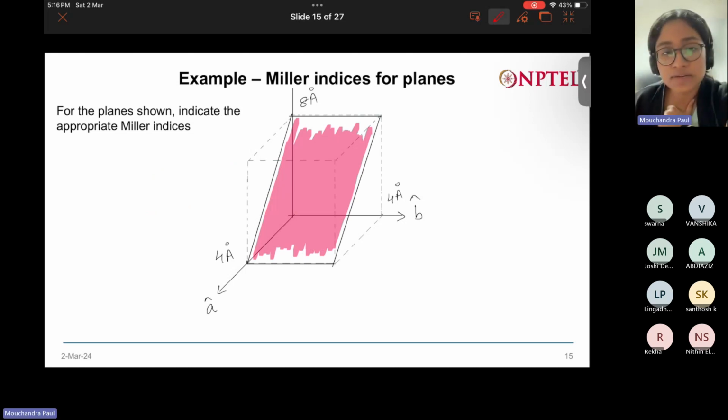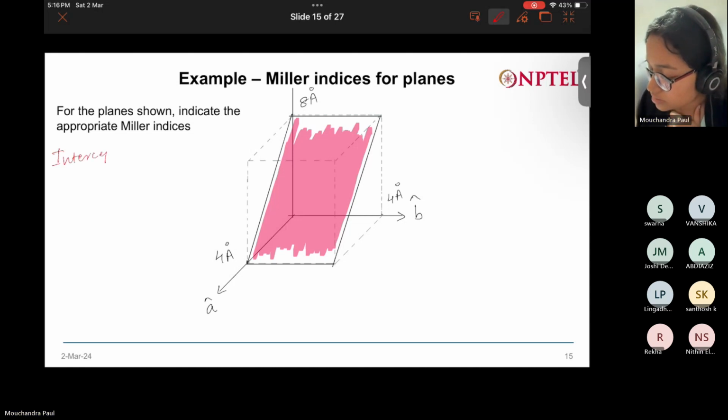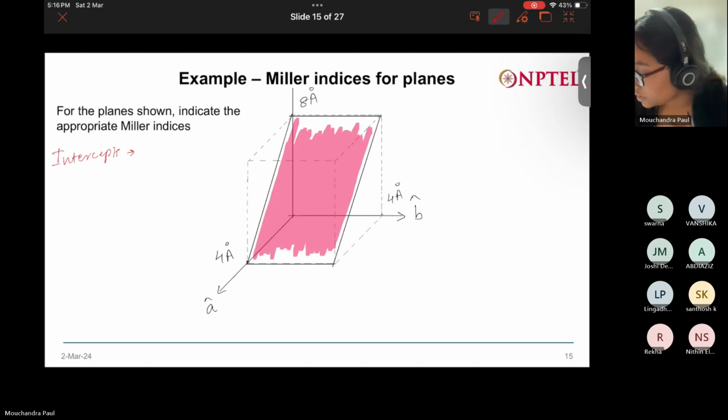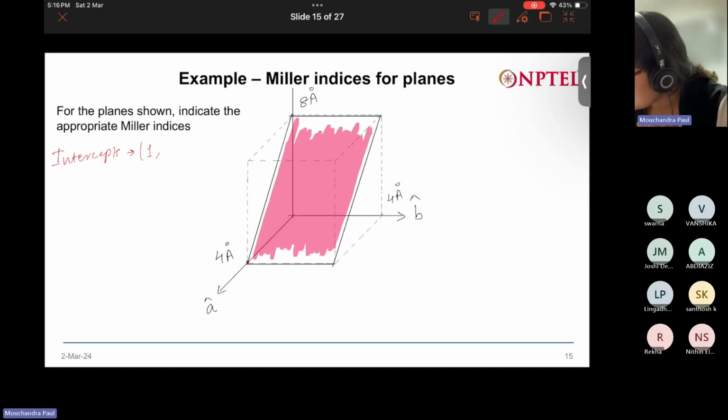Coming to the next, again a very similar problem. This is the plane given to you. You have to find the Miller index. First, find the intercepts where this plane is intersecting. At the x-axis, it is intersecting at 1. This is the A value, it is intersecting at 1. Then if you see, it is not intersecting anywhere at the y-axis.